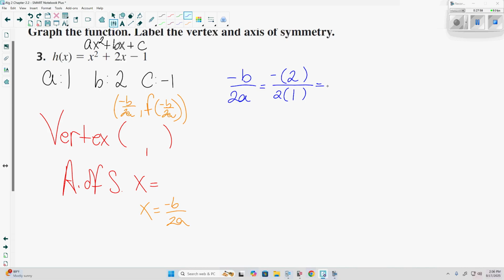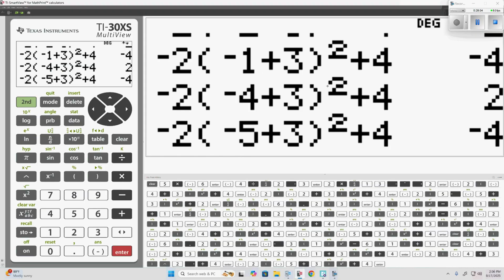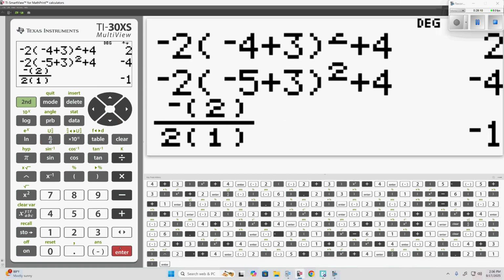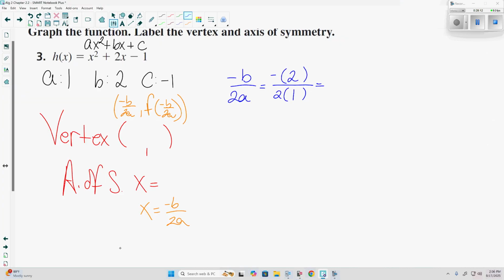At this point, we can do it by hand or we can stick it in the calculator. Either one works. If we grab the calculator, say negative 2 over 2 times 1, we get -1. So that tells us the x value of the vertex, and actually tells us the entire axis of symmetry for this here.